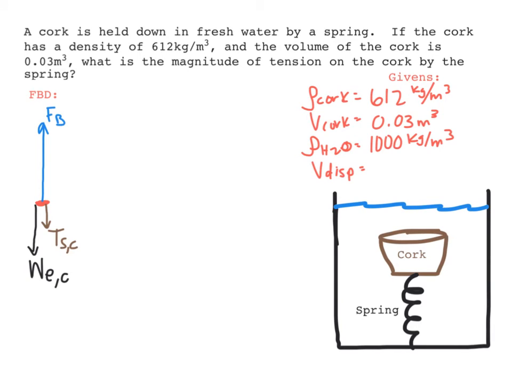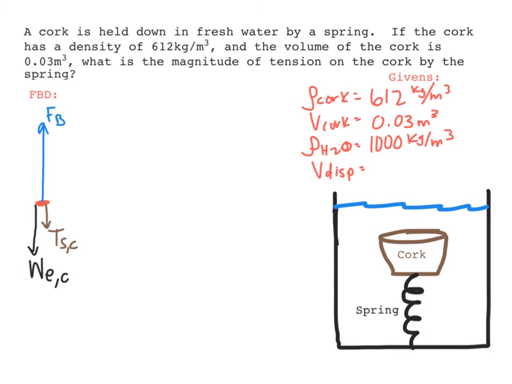Okie dokie. So let's start with the givens. We're given the cork, the density of the cork is 612, volume of the cork is 0.03 meters cubed. The density of the water, we know it's fresh water, so that's how I knew it was 1,000. Now volume displaced, any idea of what volume displaced would be? Are we given it? Do we have to find that?